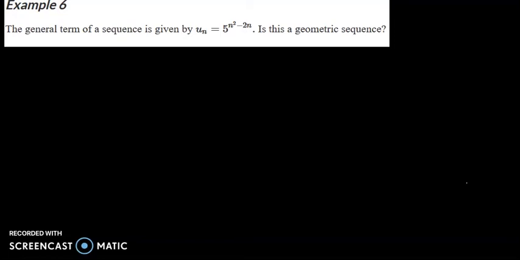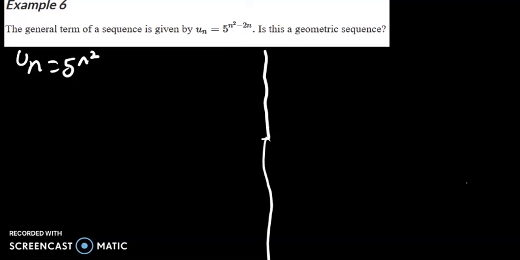In fact, for this particular question, instead of using the long way that I used for the previous question, let's use the simpler one so that you get the idea. So I have un is equal to 5 to the power n squared minus 2n. So let me say n starts from 1.